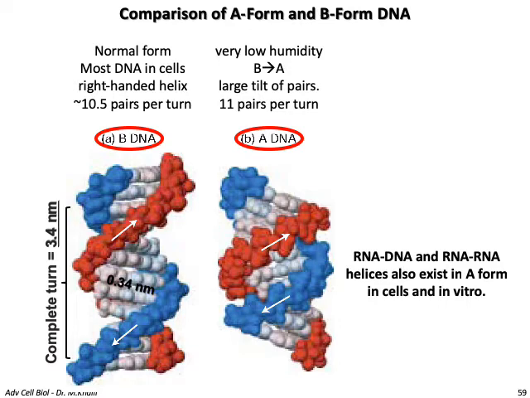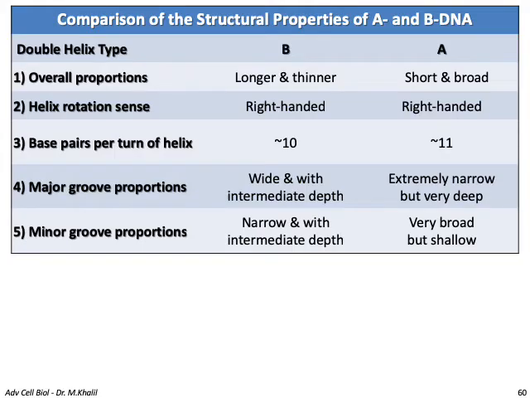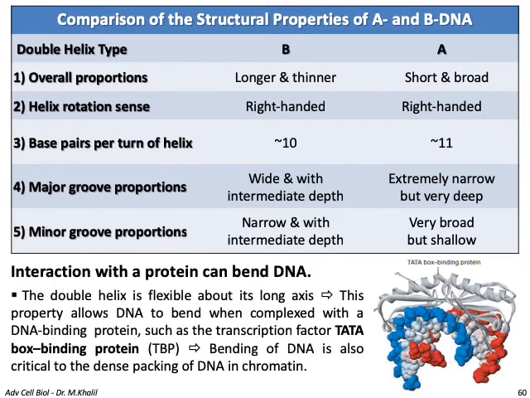Some forms of the A form arise when RNA binds to DNA, and RNA-RNA helices also exist in A form in vitro. This is a brief comparison between the double helices A, B, and Z. You can see it's compared according to overall structure, rotation, base pairs, major groove proportion, and minor groove proportion.